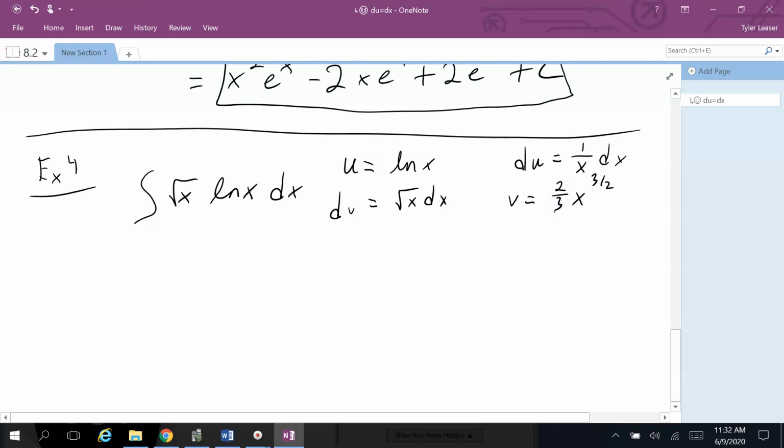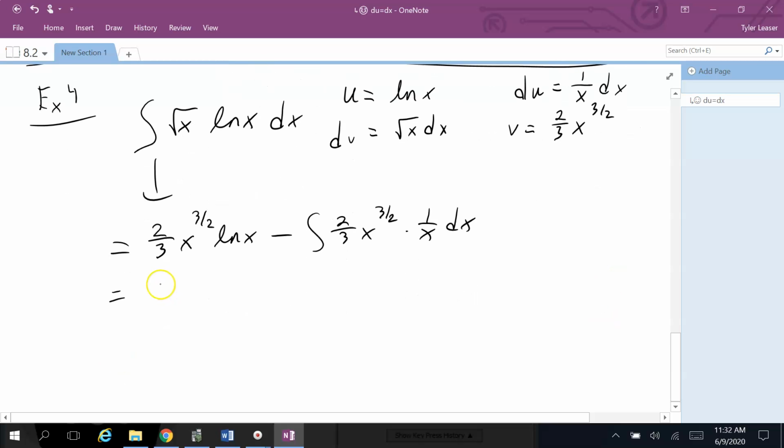So that's going to be our v. Okay, that means that my integral here is now going to be u times v, so 2/3 x to the 3/2 natural log x, minus the integral of v du, 2/3 x to the 3/2 times 1 over x dx.